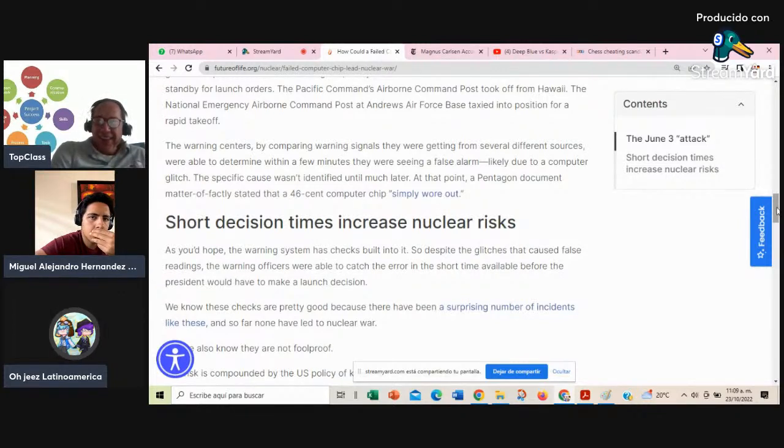And if something is a little different, the computer has to, how can I say, señalar? To point out. Point out that mistake. And apparently these people don't have these, or the computer was confusing other objects with nuclear bombs. Yeah, and that has happened quite a number of times.